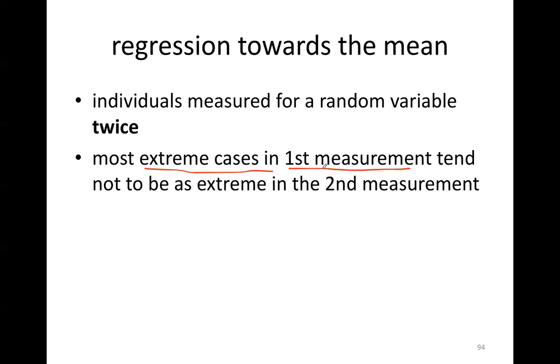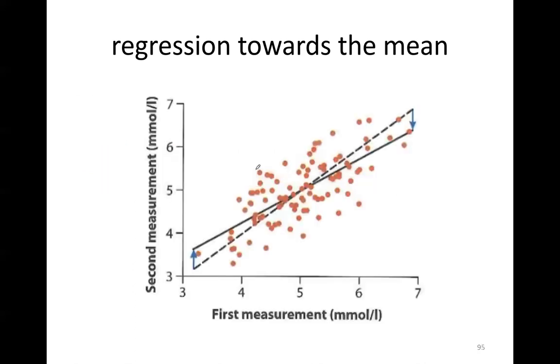Of course, if there's some repeatability in the data, you remember this concept of repeatability from the random effects of ANOVA, the tallest observations in the first measurement will also tend to be tall in the second measurement, but not necessarily as tall. That's because this extremeness is usually partly repeatable and partly random, and that randomness is usually not repeated.